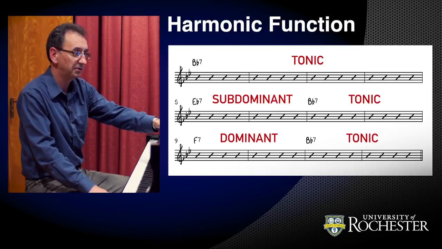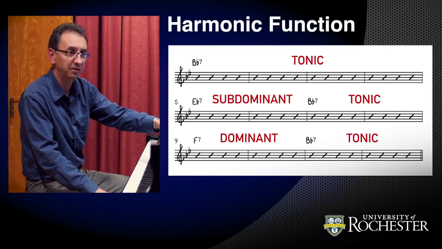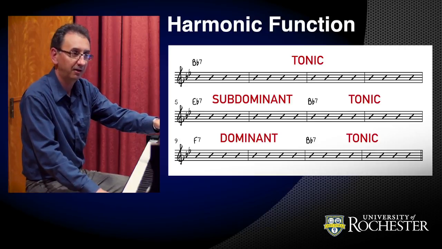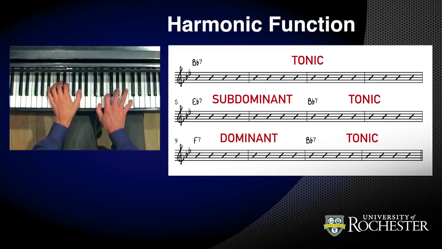But in the blues, all the chords are of dominant quality, but they are associated with a specific tonal function. So the opening chord sounds very stable, even though it's a dominant chord.